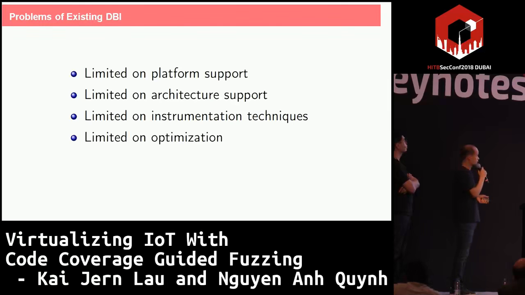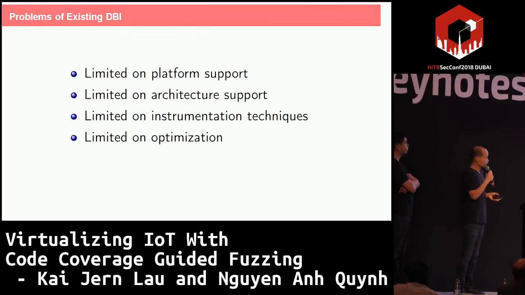The third problem is that the existing DBI do not support many types of instrumentation, like what I already presented. We have four types of instrumentation, right? But the existing DBI do not support all of them.